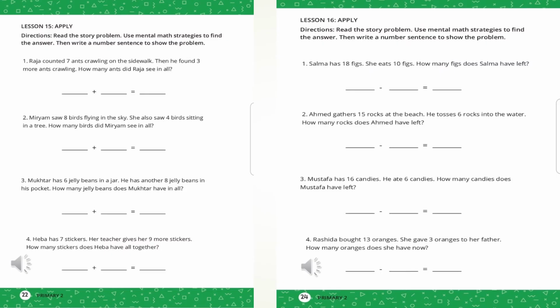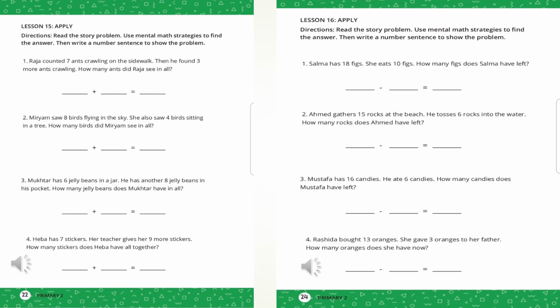Let's solve some story problems. Number 1, Raja counted 7 ants crawling on the sidewalk. Then he found 3 more ants crawling. How many ants did Raja see in all? First, we have 3 steps.